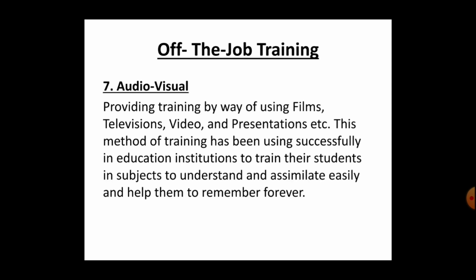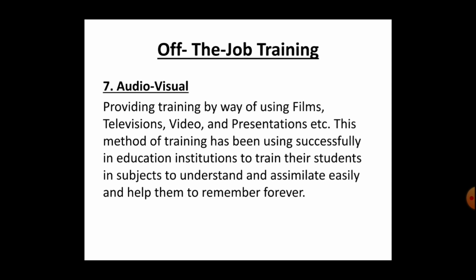Another type of on the job training is audio visual training. The audio visual method includes television, slides, overheads, video tapes and films. These can be used to provide a wide range of realistic examples of job conditions and situations in a condensed period of time.